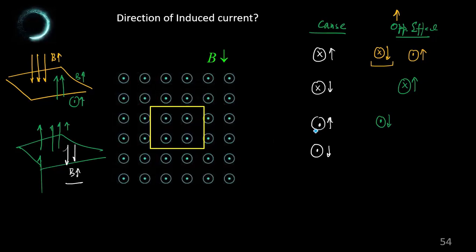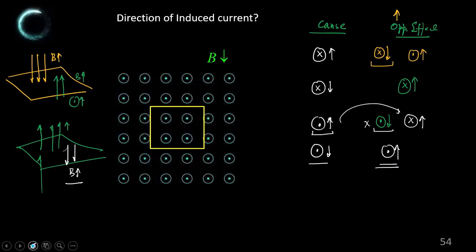So an increase in dot cannot be supplemented by a decrease in dot; you have to increase the cross magnetic field. Decrease in dot means increase in dot. These are the four possible opposing effects produced by the causes.